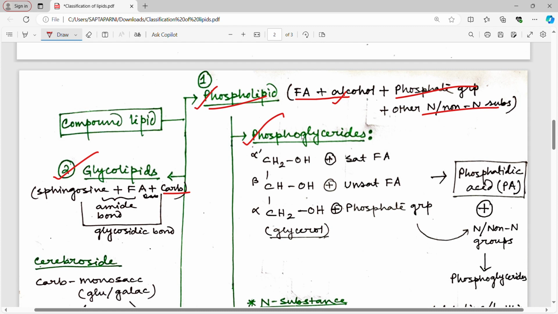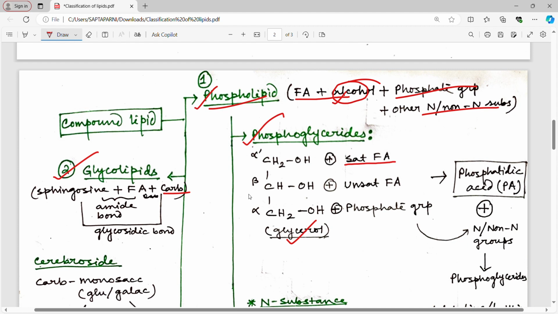In case of phosphoglyceride, the alcohol is glycerol, and these 3 positions are esterified. The alpha prime carbon is esterified with saturated fatty acid. Saturated fatty acids are those which have no double bond in them.